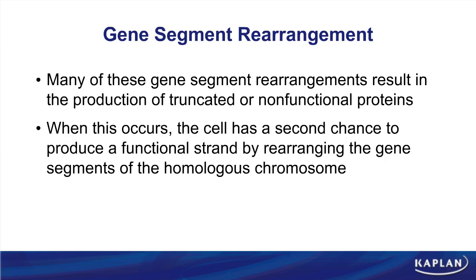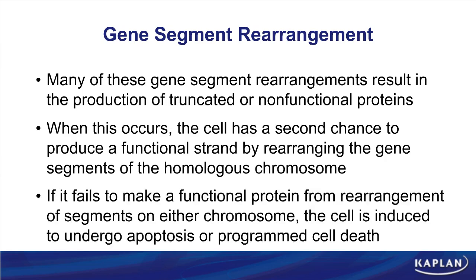because if we get rearrangement on the maternal chromosome, we shut down rearrangement on the paternal chromosome. But at the same time, if we get a non-functional rearrangement, we still have a second chance. Now, if we blow the second chance, which of course we never want to do, that does not end well, and the cell will undergo apoptosis, or programmed cell death, because a B cell or a T cell has to have a functional receptor to be functional.